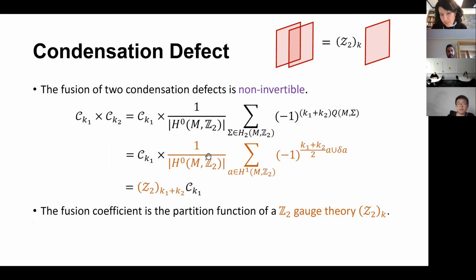And this is nothing but the partition function of a Z2 level K1 plus K2 gauge theory on the manifold N. So here we see that when we fuse two codimension-one defects, the fusion coefficient is in general the partition function of a TQFT, and in this case, it's the partition function of a Z2 gauge theory.